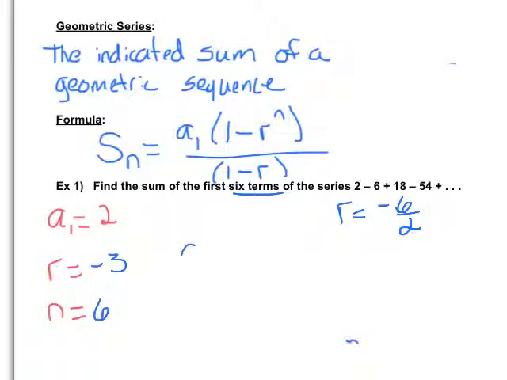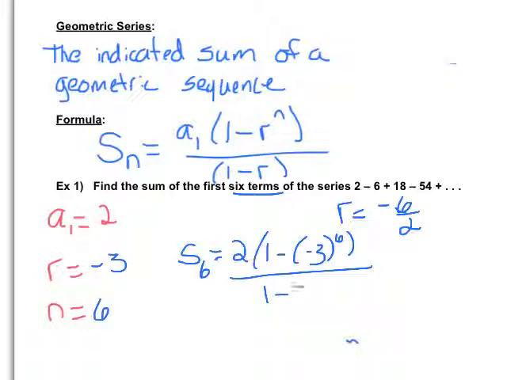Substituting all that in, you're finding s sub 6, and you get a sub 1 is 2 times 1 minus negative 3 raised to the 6th power, and then all over 1 minus a negative 3. If you raise negative 3 to the 6th power, you're going to end up with a positive term that you are subtracting. This ends up being 729.